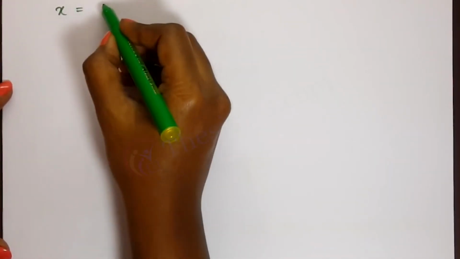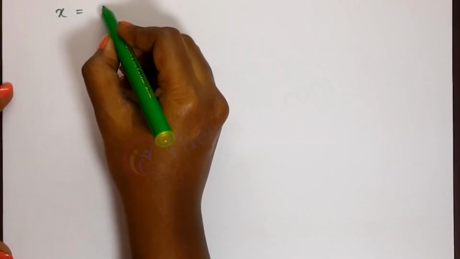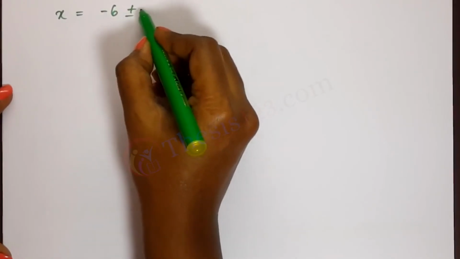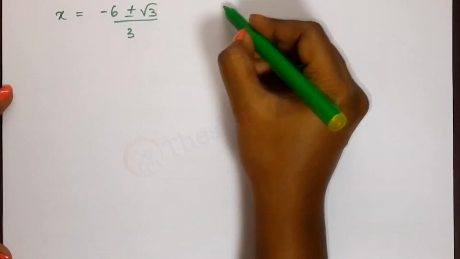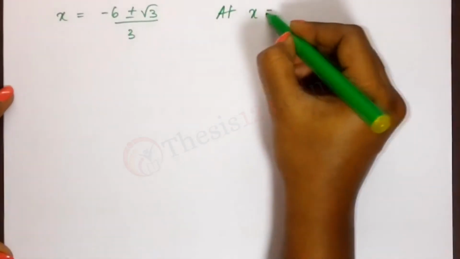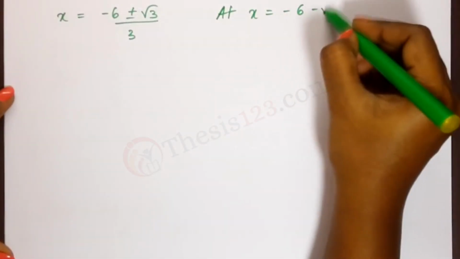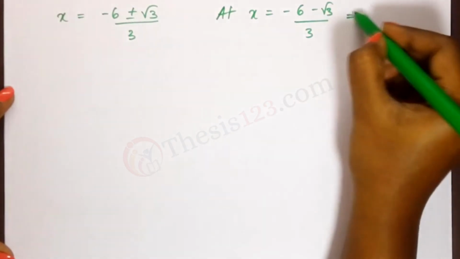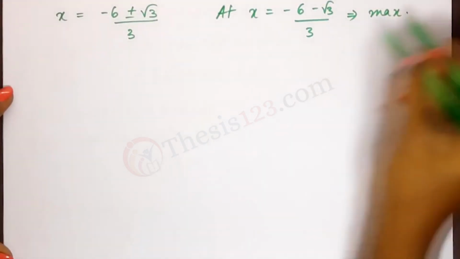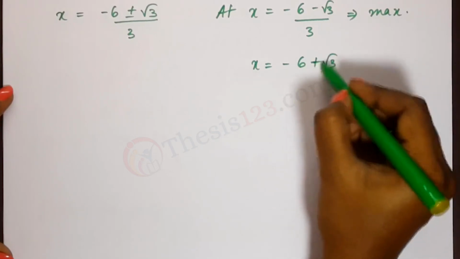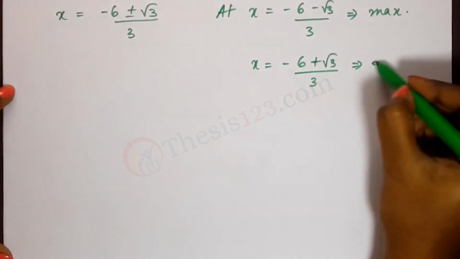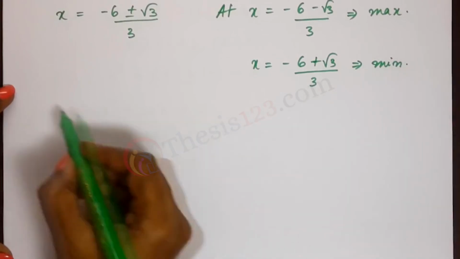I'll write down the points again: (-6 ± √3)/3. So at x equal to (-6 - √3)/3, we have a maximum point. And at x equal to (-6 + √3)/3, we have a minimum point.